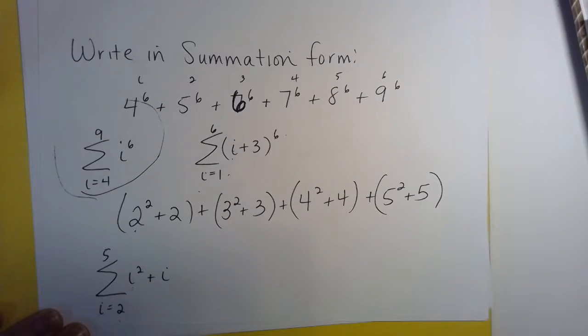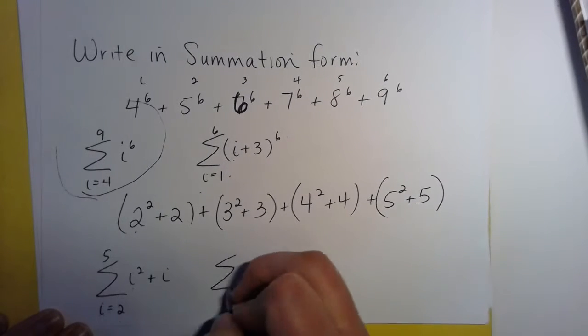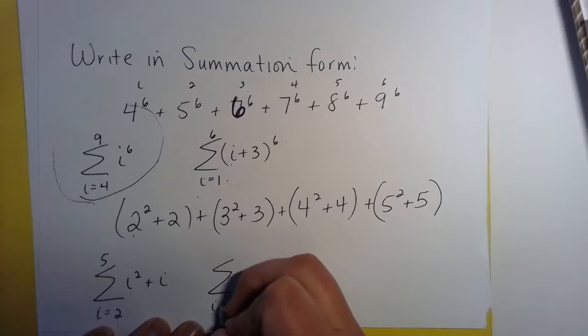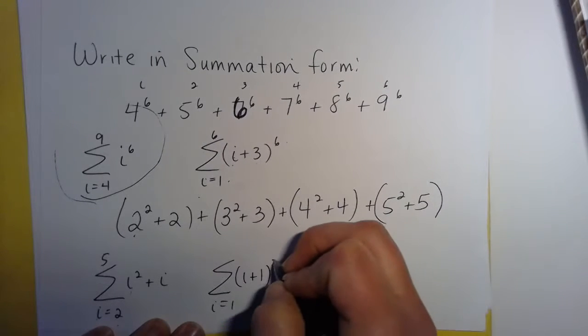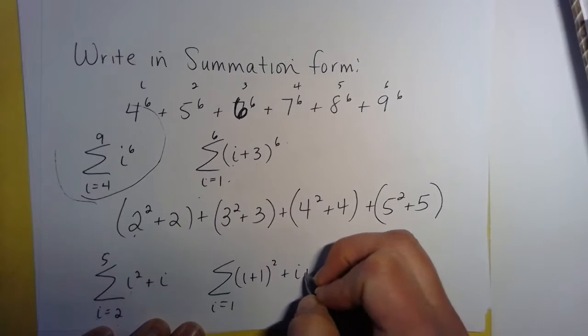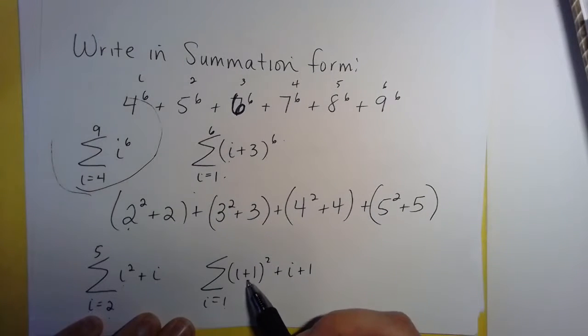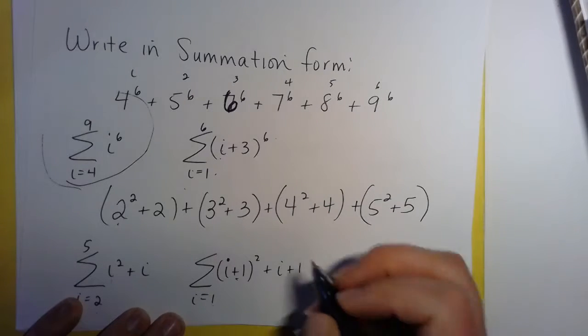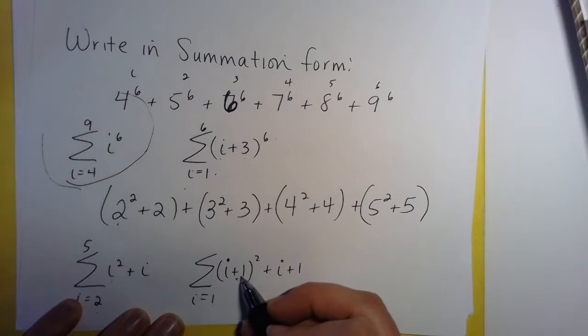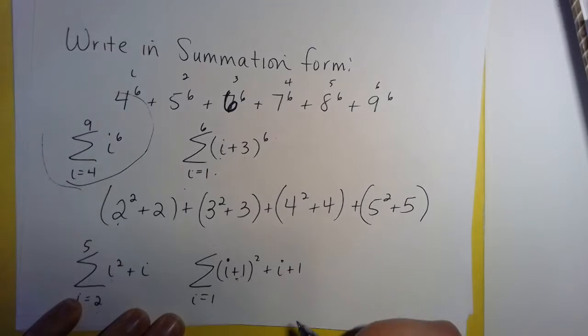Again, I could start at 1, and then I could say i plus 1. The equivalent expression would be, if I started at 1, then this would be (i plus 1) squared plus (i plus 1), because then when I plugged in 1 here, I'd get 2 squared plus 2, and so forth.